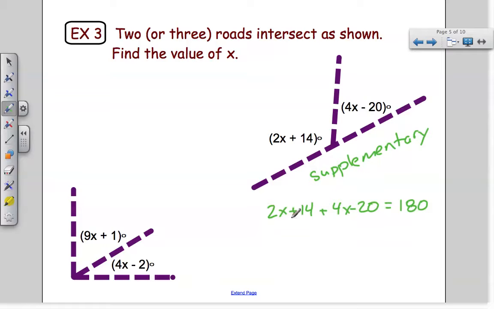They're supplementary. Combine like terms, 2x and 4x are like terms, giving me 6x. 14 and negative 20 are like terms, giving me minus 6. That equals 180. I'm going to add 6 here. So I have 6x equals 186. And now I need to divide by 6, and I'm getting 31.